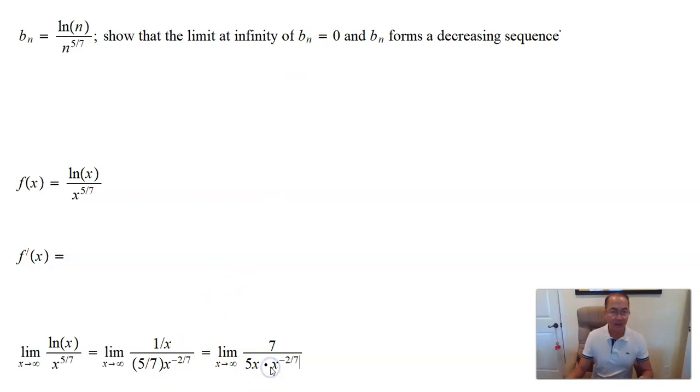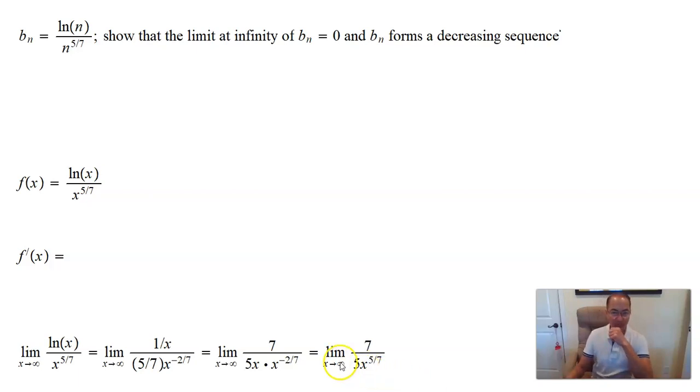And that's because we are going to combine these two, so we might as well put them side by side. X to the 1 times x to the minus 2 over 7. So we're back to 5 over 7. 7 minus 2 is 5. So this is equal to the limit as x approaches infinity of 7 over 5 times x to the 5 over 7.